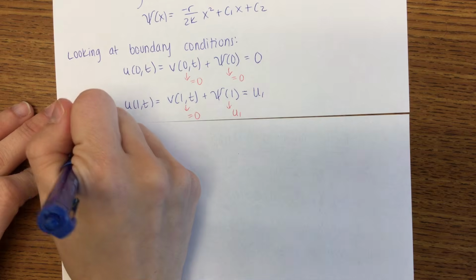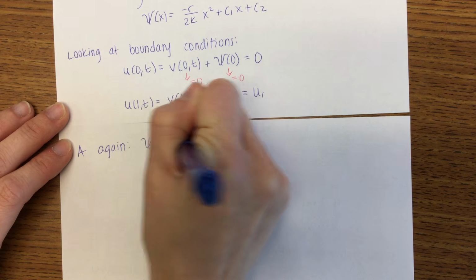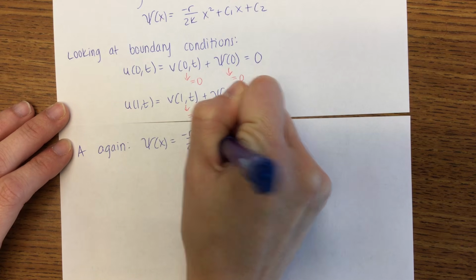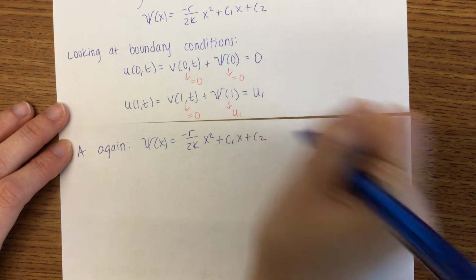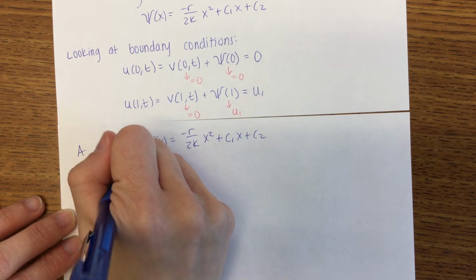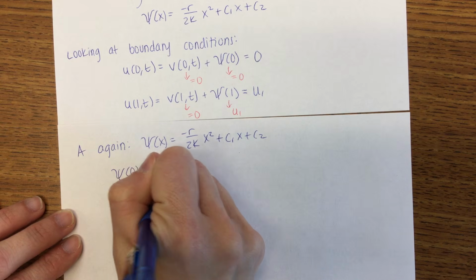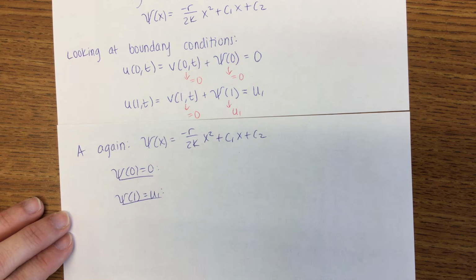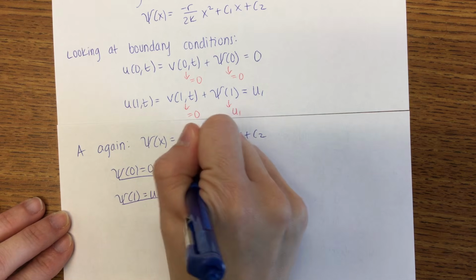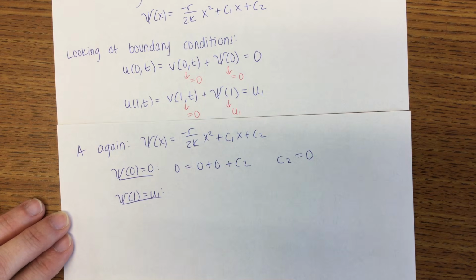Okay, so then if we look at equation A again, we got our psi of x to be negative r over 2k x squared, add c1x, add c2. We also know that psi of 0 equals 0, and that psi of 1 equals u1. If I plug in 0, I get 0 equals 0 plus c2, telling us c2 equals 0.